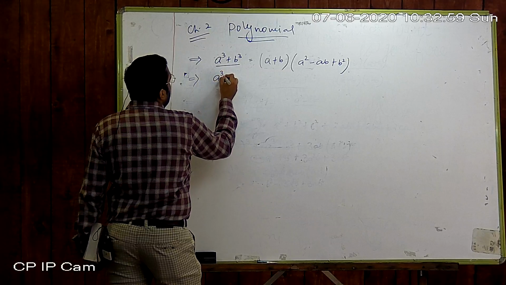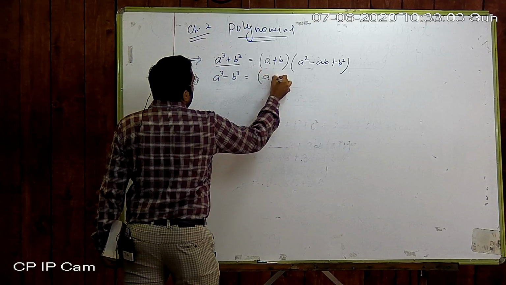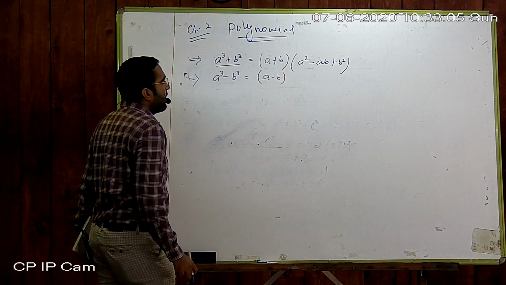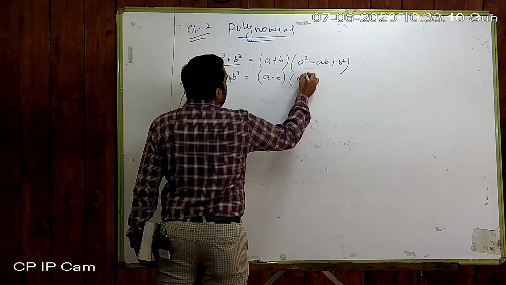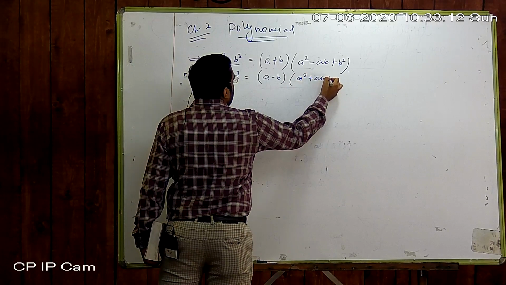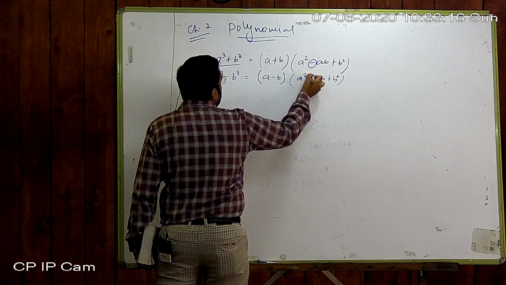Second is a cube minus b cube. When I take a minus b, minus in the first bracket, then I am always taking the inverse sign, like plus sign in the second bracket. Here is the difference of the sign.